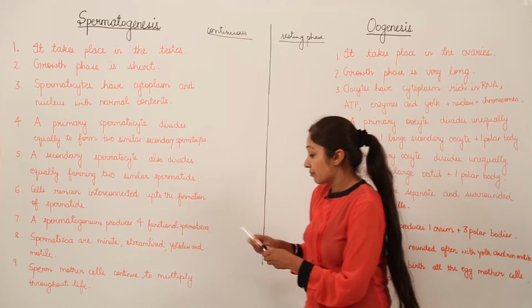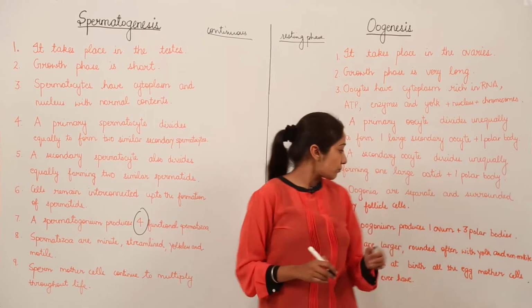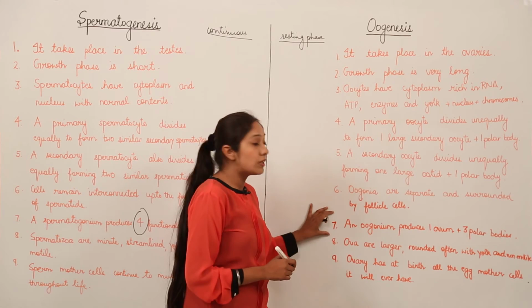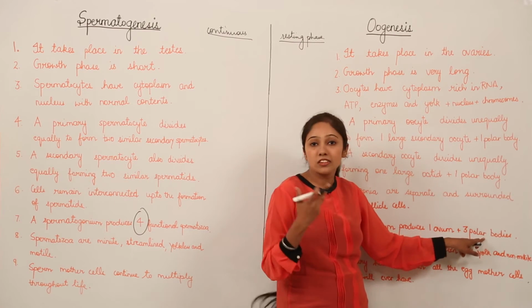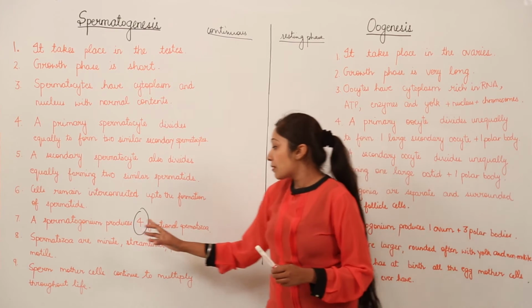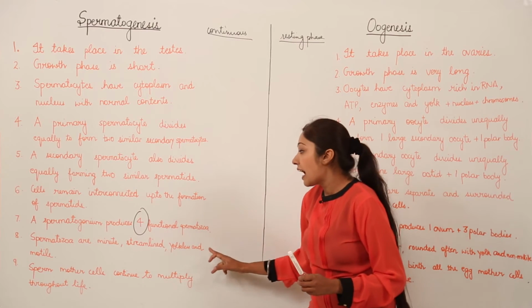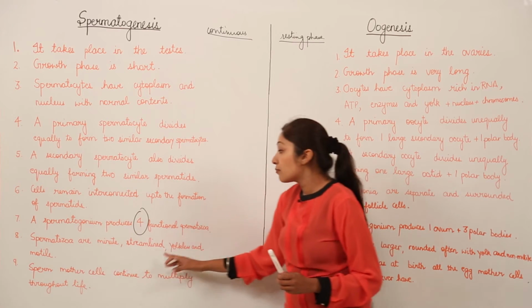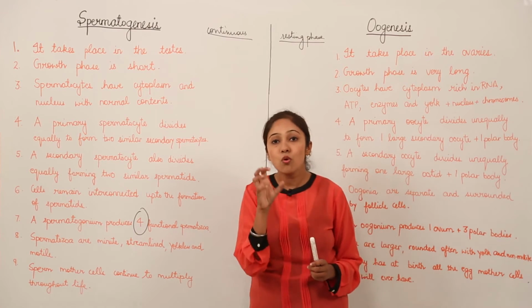Here you can see we have 4 functional spermatozoa. But here an oogonium produces 1 ovum and 3 polar bodies which are not functional. Then we move on to the 8th point. Spermatozoa are minute, streamlined, yolkless and motile. Motile means they can move because they have to swim and penetrate the ovum.